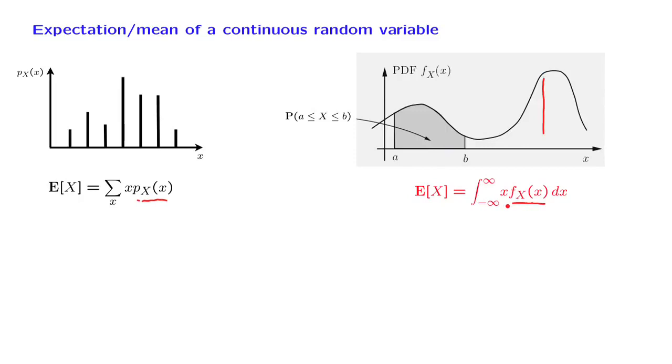But of course, since we are averaging over a continuous set, the summation will have to be replaced by an integral. This will be a recurrent theme in this unit. Definitions or formulas for the continuous case look exactly like the discrete ones, except that PMFs are replaced by densities, as here, the PMF is replaced by a density, and summations are replaced by integrals.